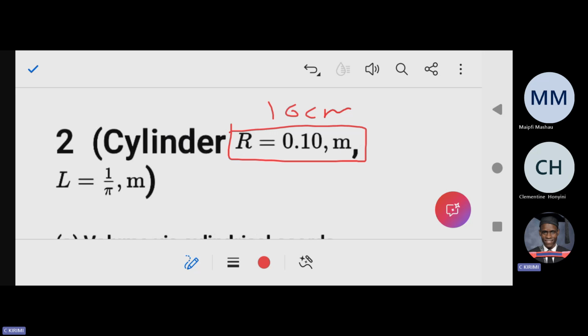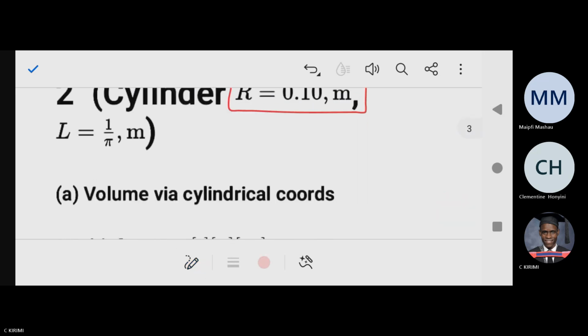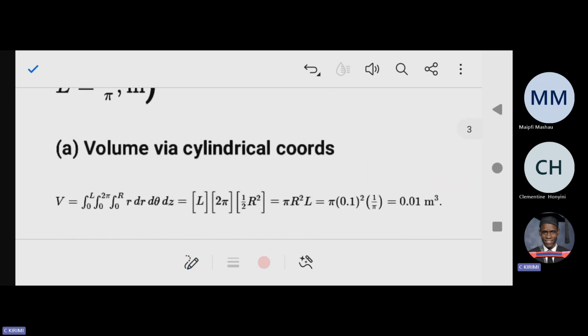You just divide by what? 100, isn't it? The length is 1 over pi meters. Volume via cylindrical coordinates, yes, so you are integrating. The volume element is r dr d theta dz. That is the volume element.